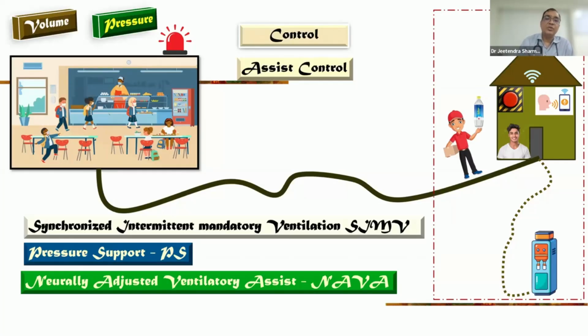So in this way, you understood that so many modes are there. Of course, today's topic is the basics, so we can end at pressure support, with the same concept, NAVA, and a fair idea about the advanced modes. What is exactly the crux of the advanced mode? In advanced mode, this delivery boy becomes more intelligent.